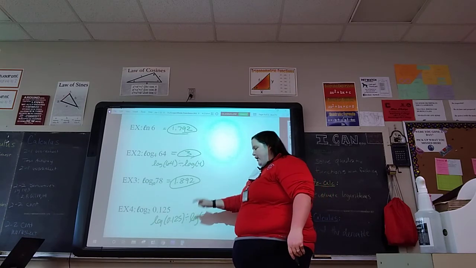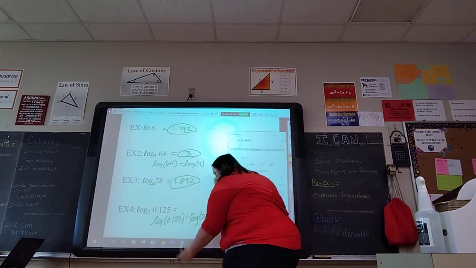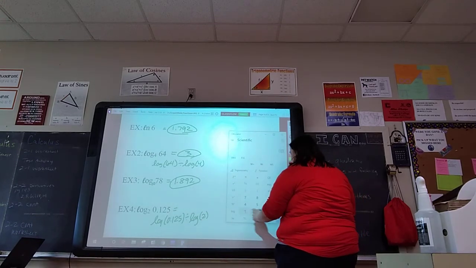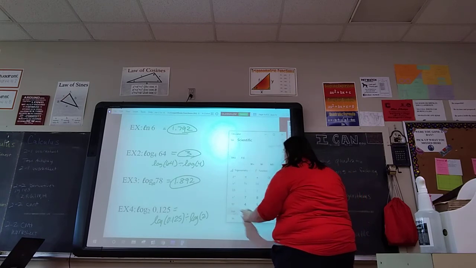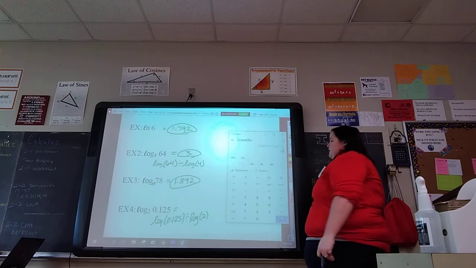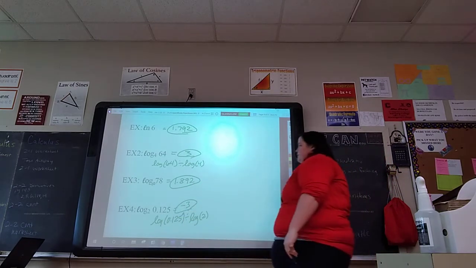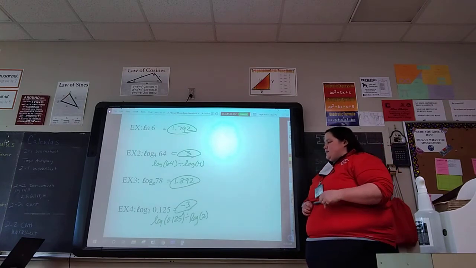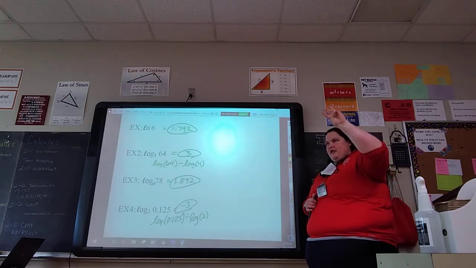So we're going to do log of 0.125 divided by log of 2. So they're not all going to be decimals. You'll get some whole numbers. Again, if you do have to get a decimal, 3 decimal places is what I like for logs.